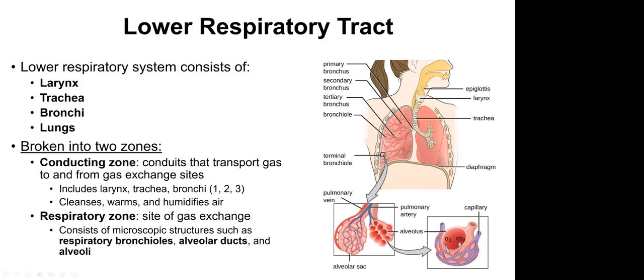If we zoom in, here would be one single alveolus, and the alveoli are wrapped heavily by these capillary beds. So on the arterial, CO2-rich side, we drop off carbon dioxide into the alveoli and we put oxygen from the alveoli onto the capillaries.